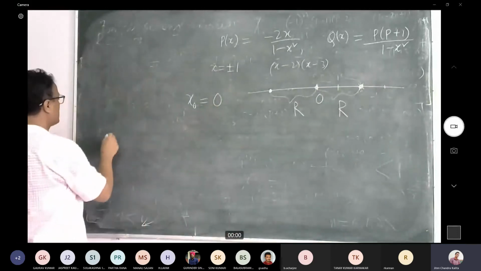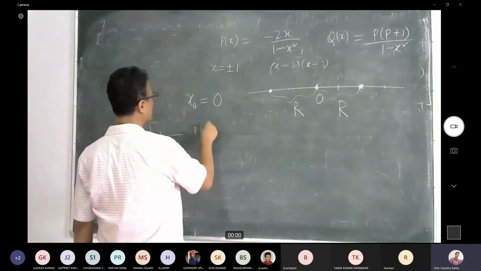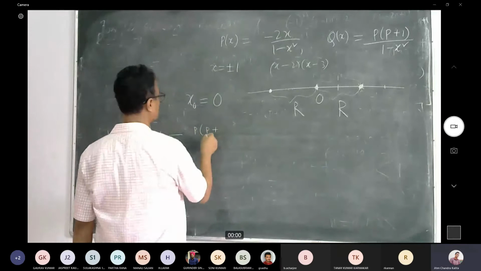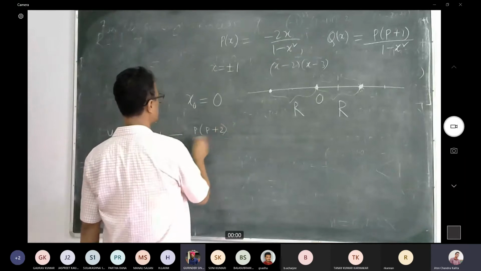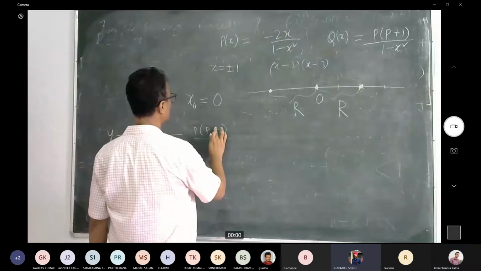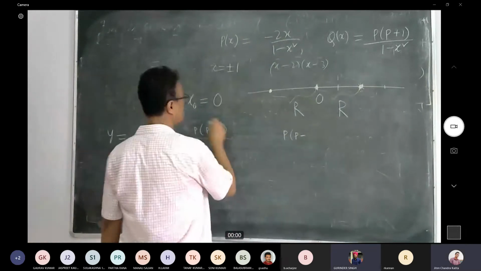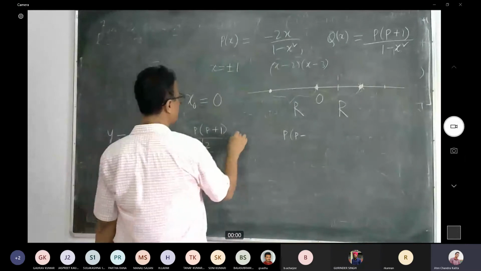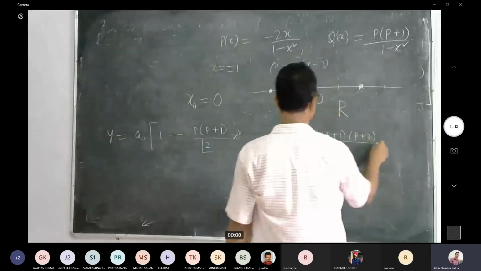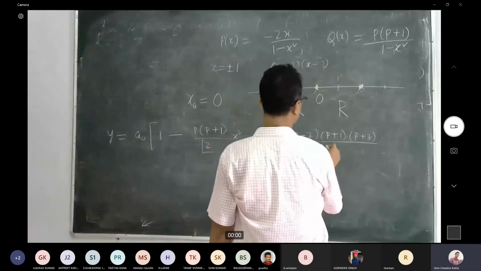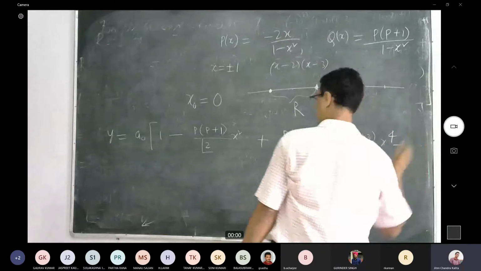If you recall, the solution was something like: the first series has terms with p plus 1, factorial 2, x squared, then p plus 1, p plus 3, factorial 4, x to the power 4, and so on.